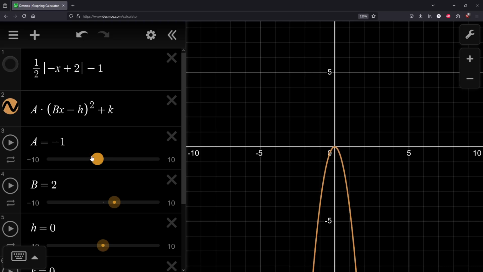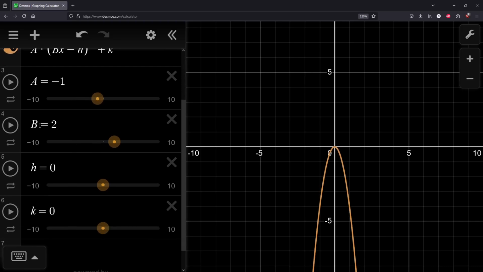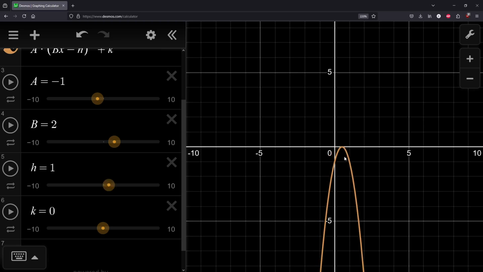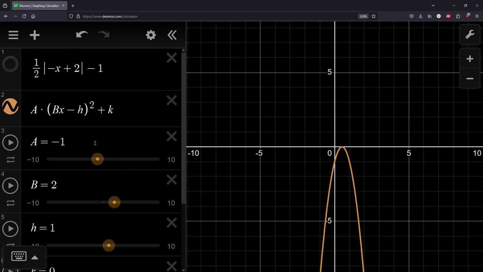A negative counts as a 1 as well. So -1, 2, and a horizontal shift 1. And see, can I graph this? Pick those numbers, plug those in, write it out, and see, did you get it correct?